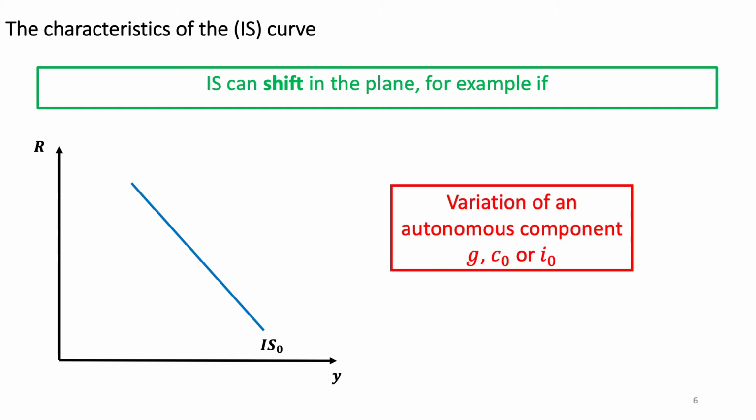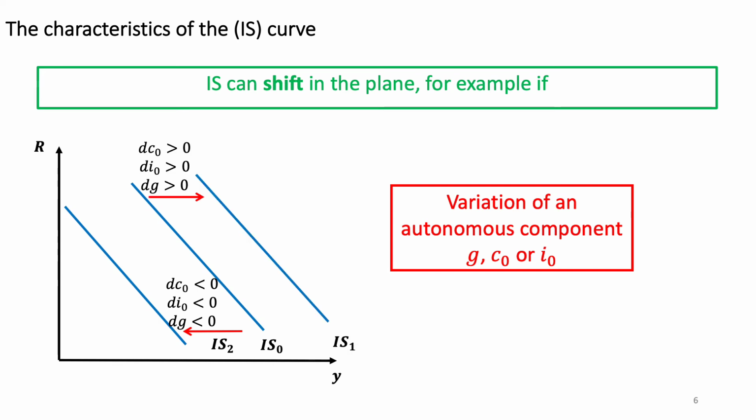When an autonomous component of the demand, for example G, C0, or I0 is modified, for instance, if there is a negative demand shock that forces households to reduce their incompressible consumption, IS will shift to the left. If, on the other hand, we have a rise in public spending, which results in an increase in the demand, IS will shift to the right.